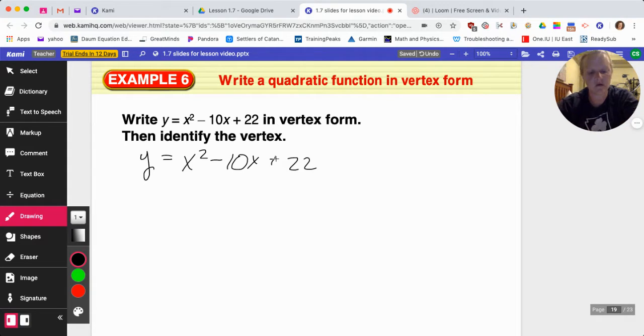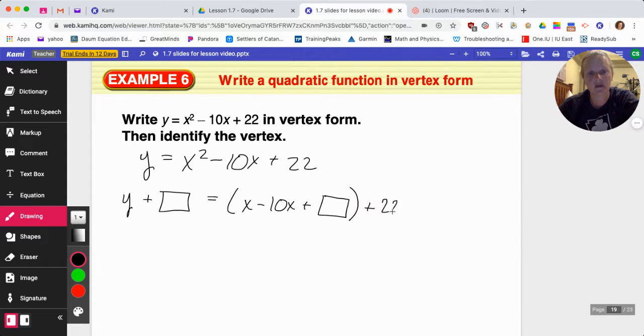So I need to figure out what goes in the box, because I need a perfect square trinomial. This isn't set equal to 0, so I can't really do that whole move the c term, set it equal to 0, whatever. But I can put what's in the box.